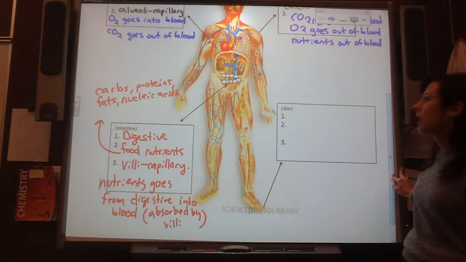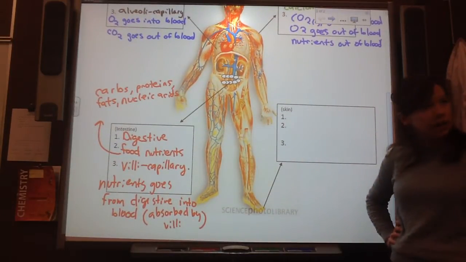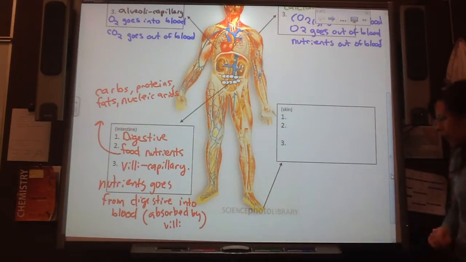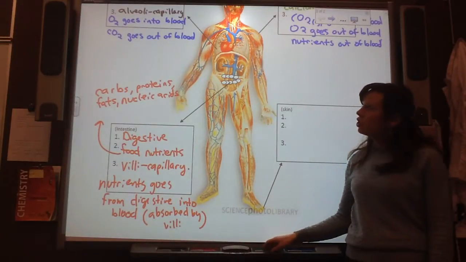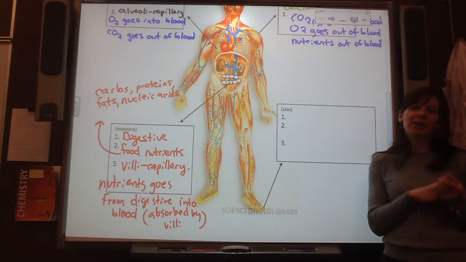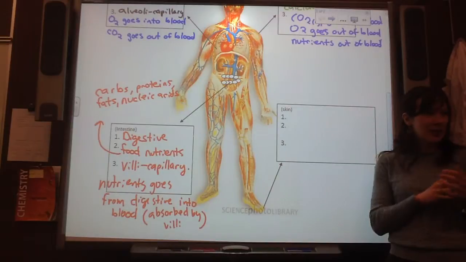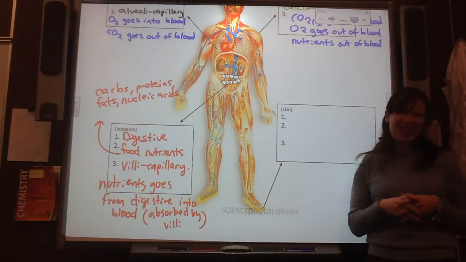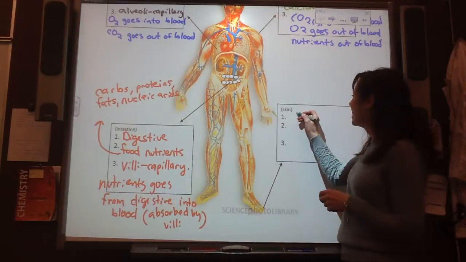Okay, and then lastly is our skin, which we haven't done a lot about, but a little bit. Do you know what the system of the skin is called? I haven't taught you that. It might just be something you know. It looks just like a line. Oh, yeah. Close.